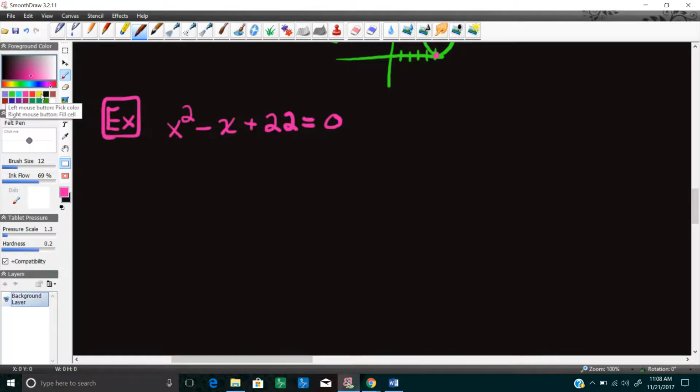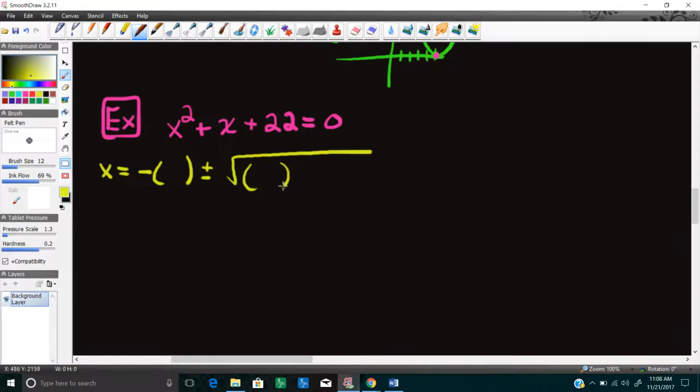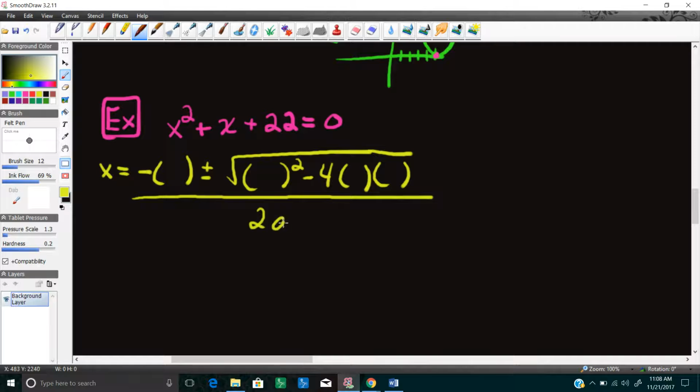So I'm going to jump right into the formula because I think at this point you should know which one is which. So we have negative, well, let's make this a plus. That way we don't have just negatives here. So we're going to have negative b plus or minus the square root of b squared minus 4ac, all over 2a.